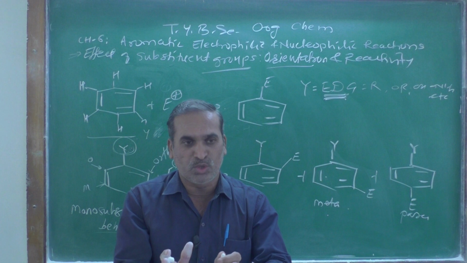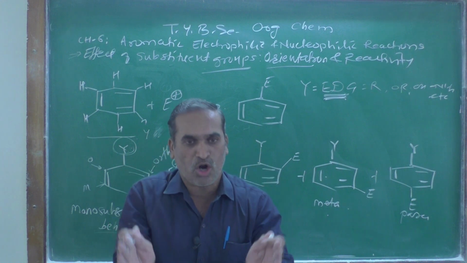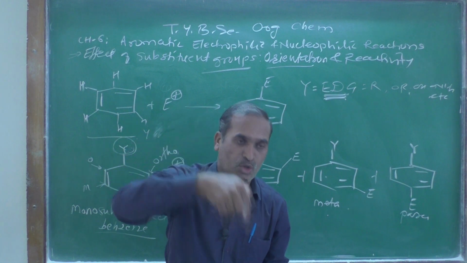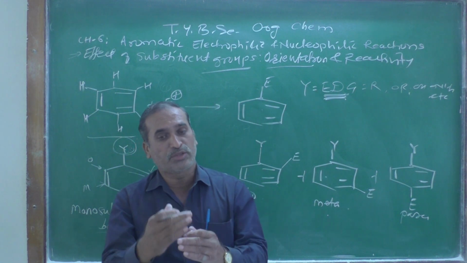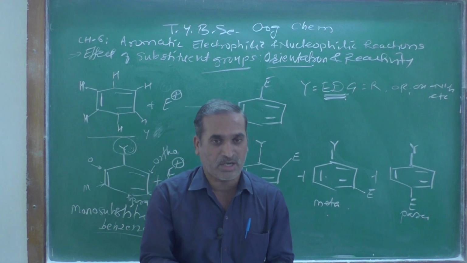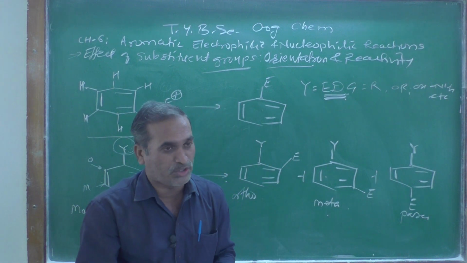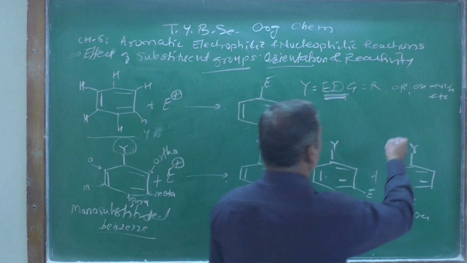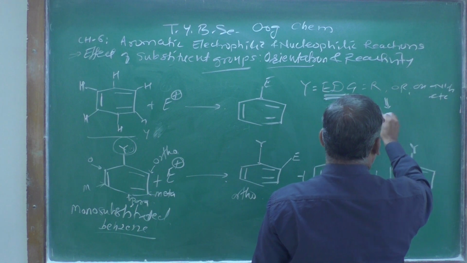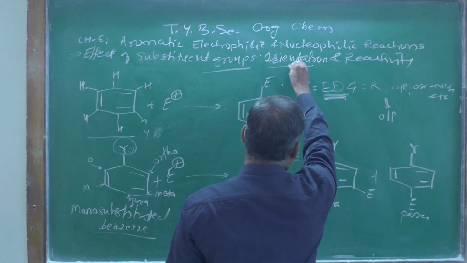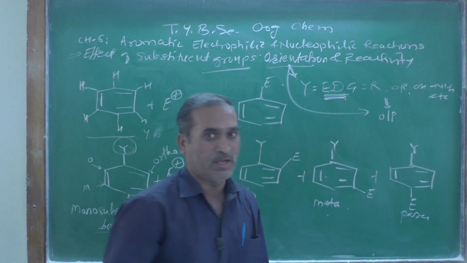Benzene, as we know, is already electron rich, and that group also donates electrons, and therefore the benzene becomes richer and richer in electrons. If that is there, they always give ortho and para products, meaning their orientation is ortho and para.